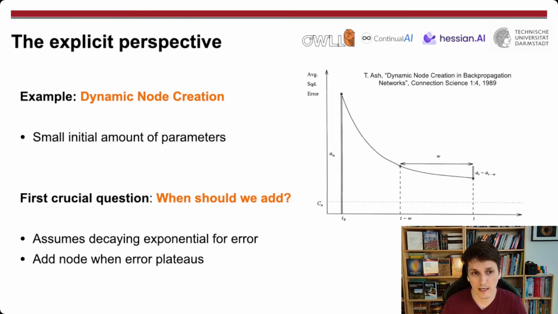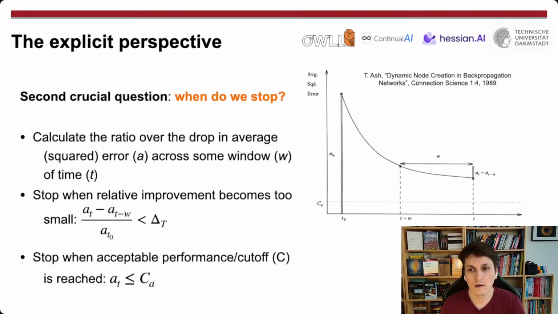So we could take a look at a specific window here, as illustrated with this W on the x-axis and these double pointed arrows. We could take a look at the relative decrease in error on the y-axis in terms of these a_t minus a_(t-w) quantities, and we could calculate something like this ratio.